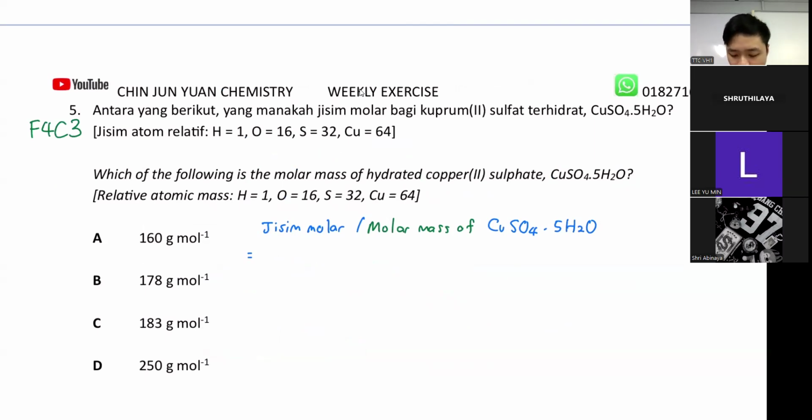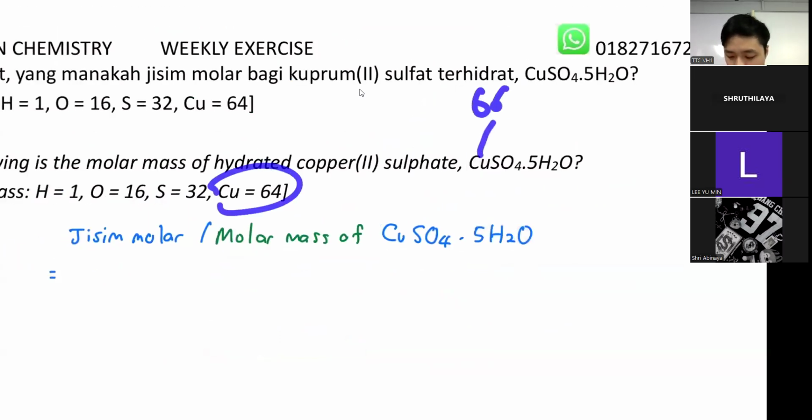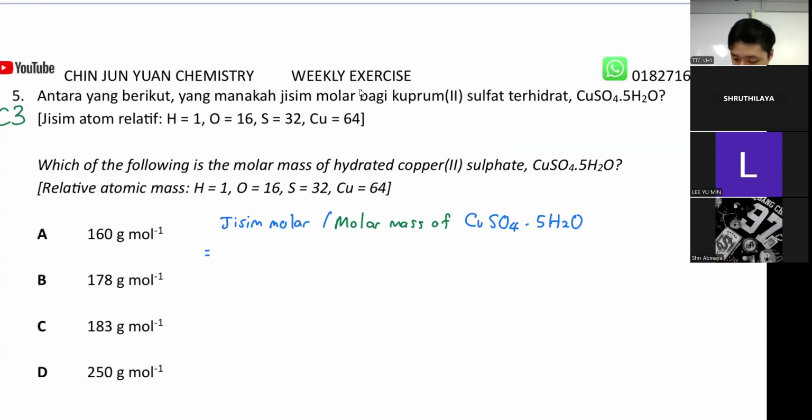So they ask which of the following is the molar mass of hydrated copper 2 sulfate. So they ask you to calculate the total mass. You have to use, like, one copper is 64, plus 1 sulfur 32.